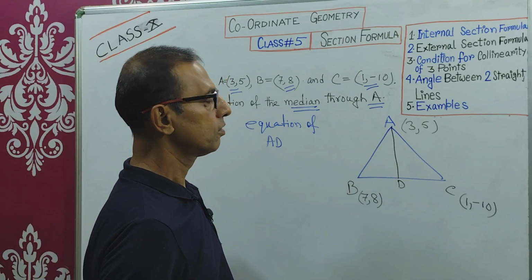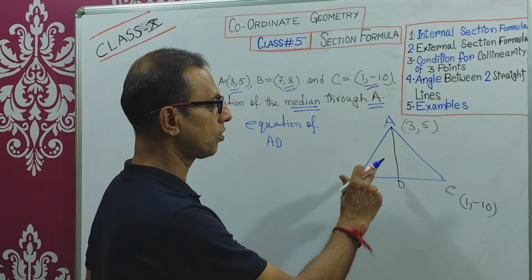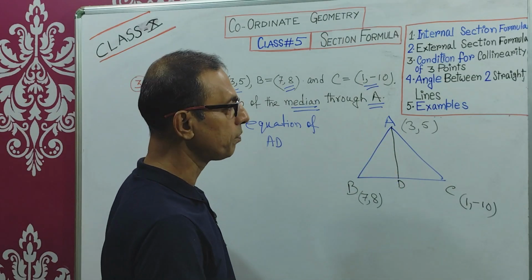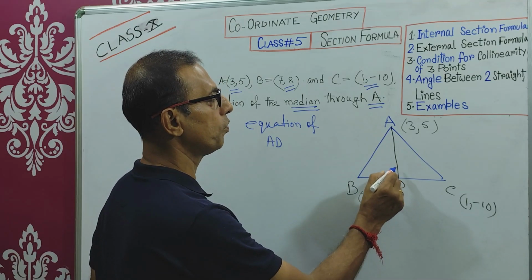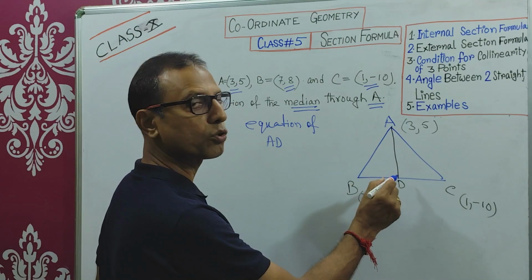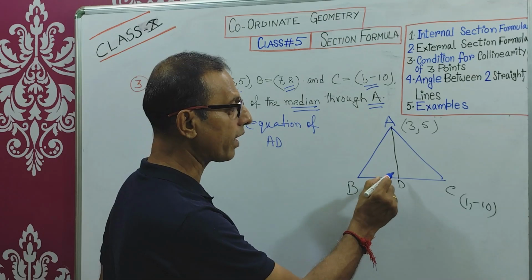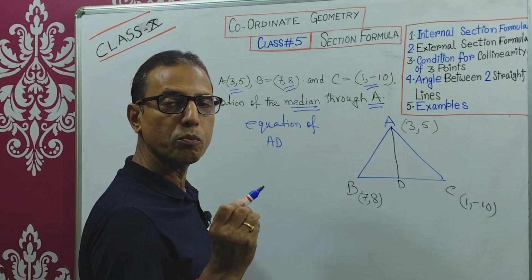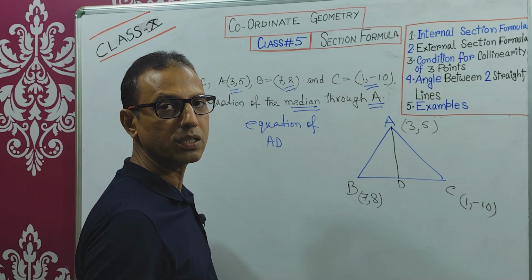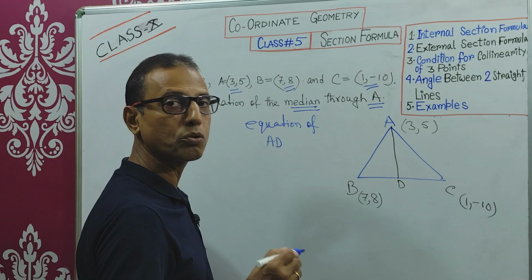Here slope is not there, because you will not find the slope. 1 point is given, another point is required, because if you know 2 points, you can find the straight line passing through those 2 points.